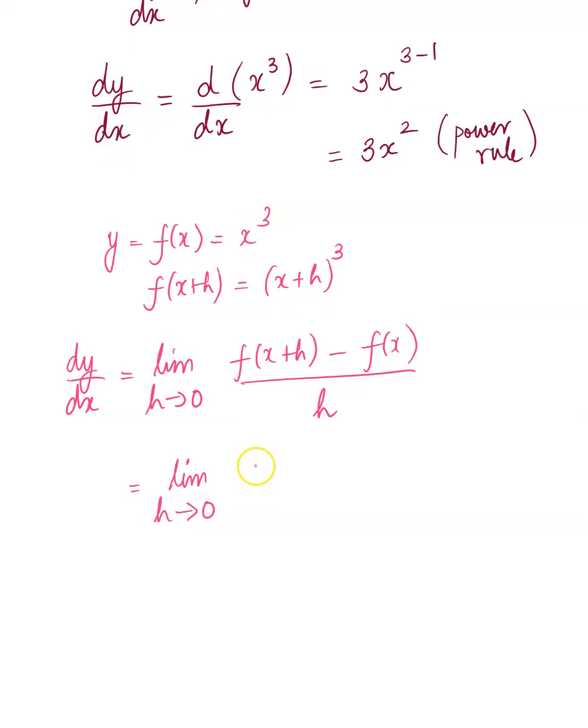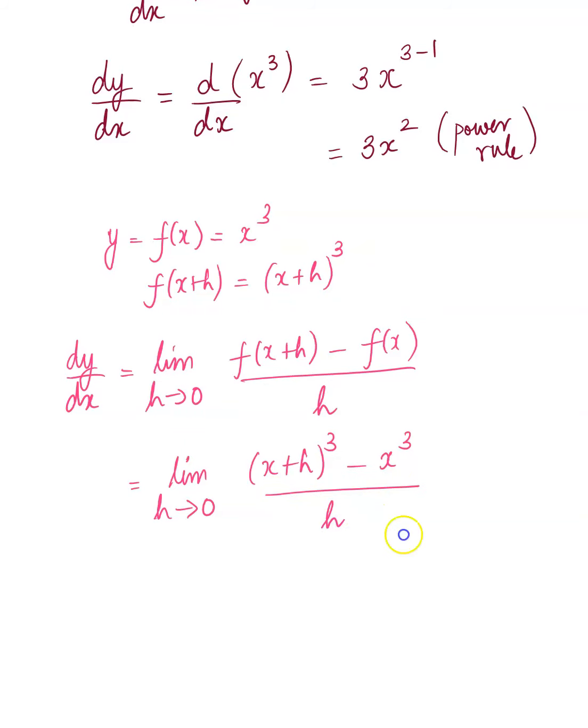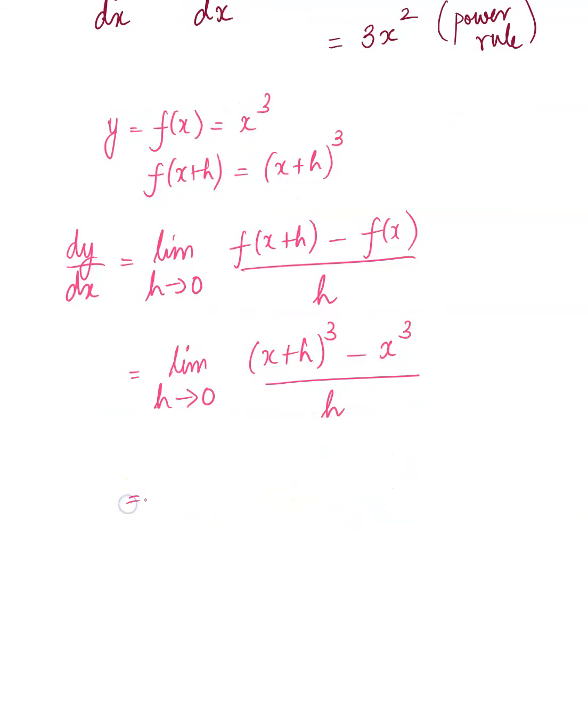So you might be asked to go back to do it this way, just because that is the origin of this whole concept. So it's x plus h the whole cubed minus x cubed all over h. And then we know x plus h the whole cubed will have to be expanded using the formula, or by foiling it, multiplying it 3 times over.